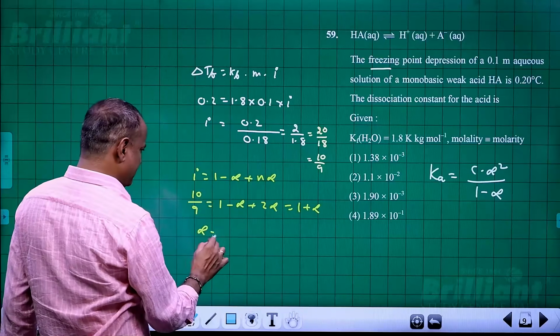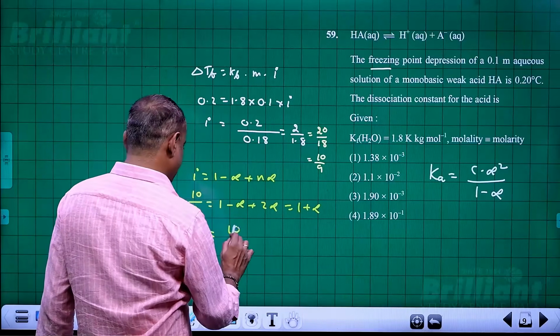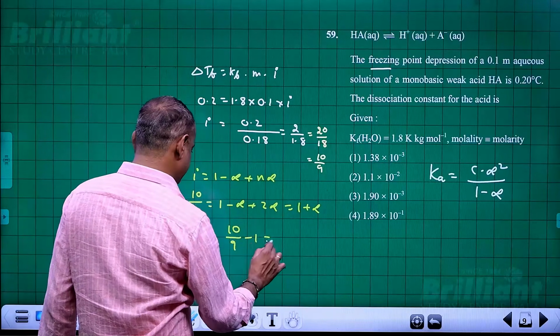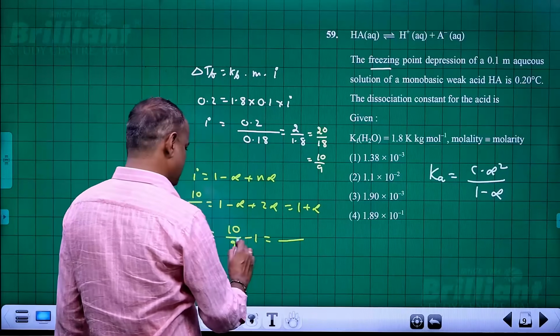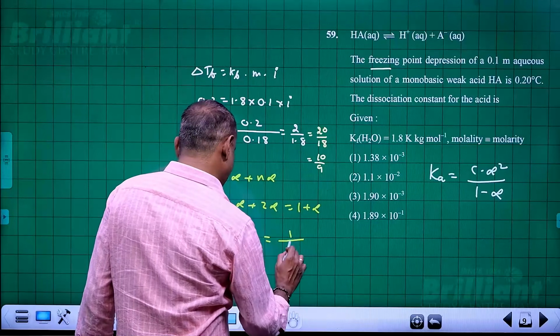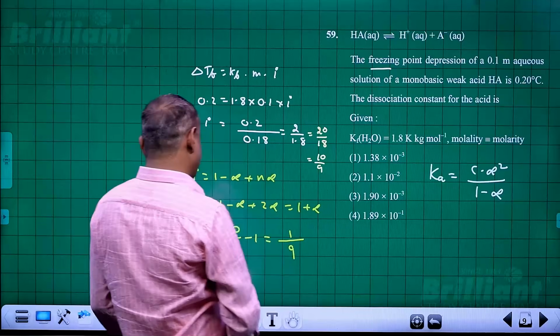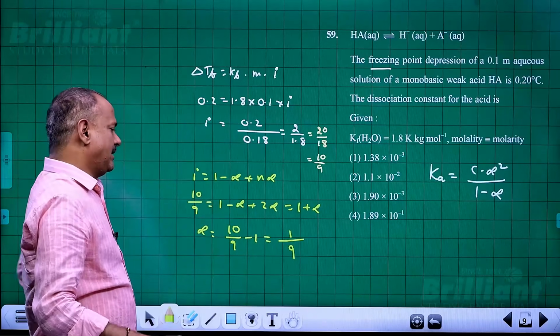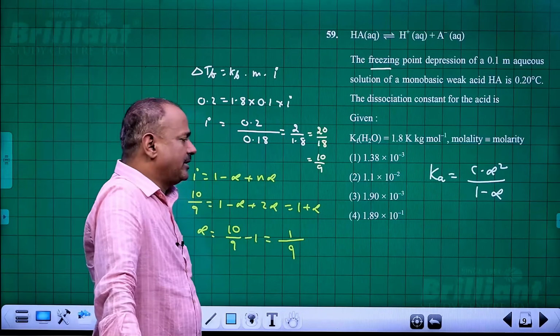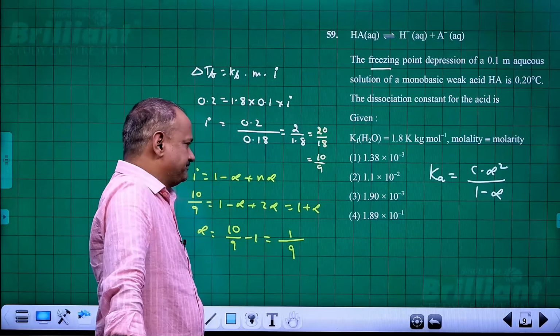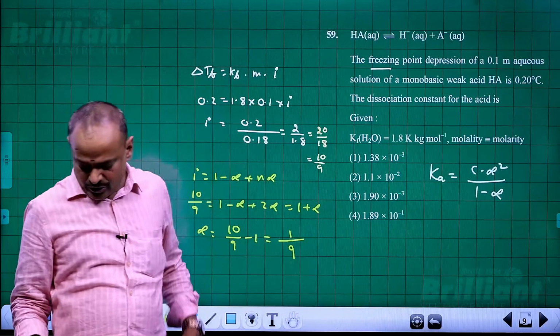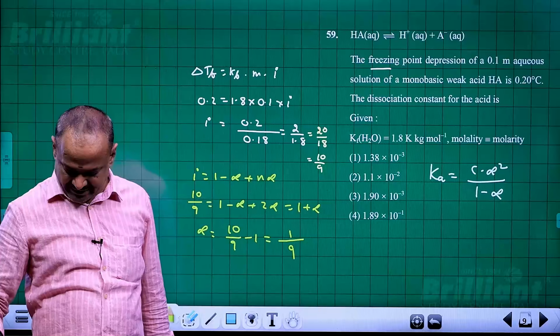Alpha is equal to 10 by 9 minus 1, that is 1 by 9. 1 by 9 is not negligible compared to 1, because it is closer to 1. That's why take the full formula.